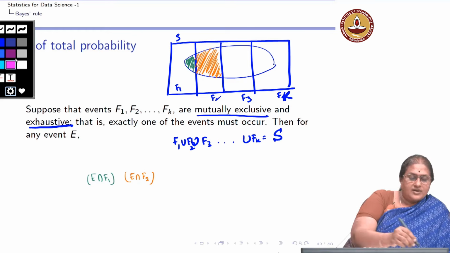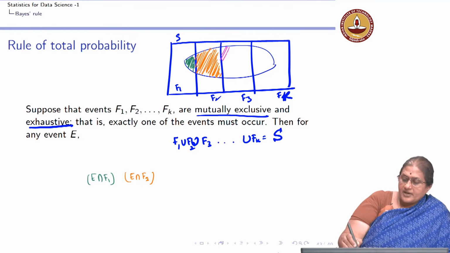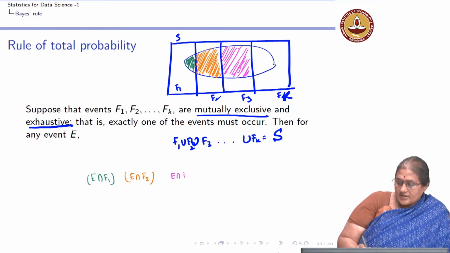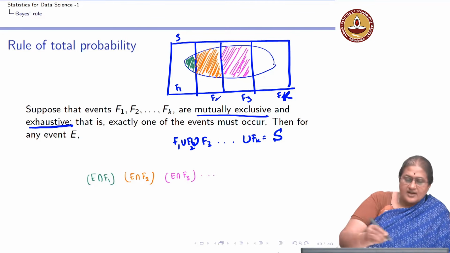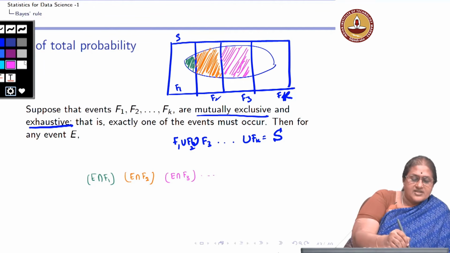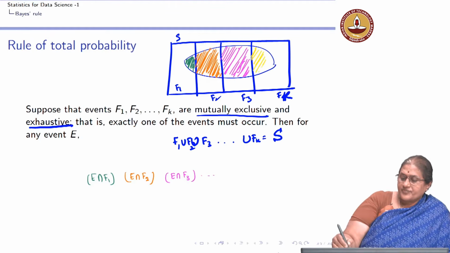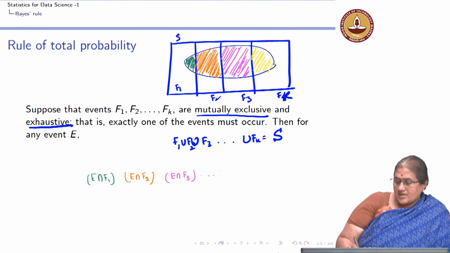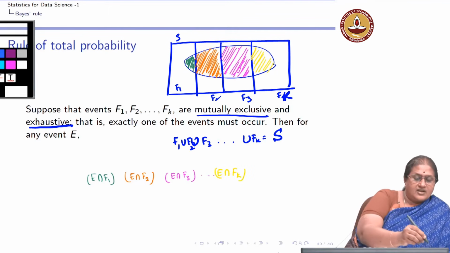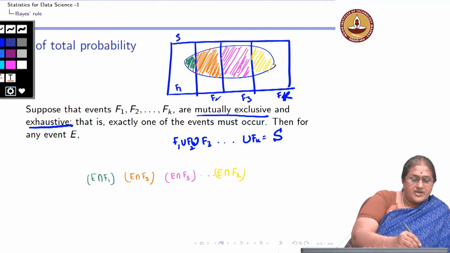The purple area is E intersection F3. Similarly, I have this yellow area, which is E intersection Fk. Yellow is not very visible, so let me make it red.